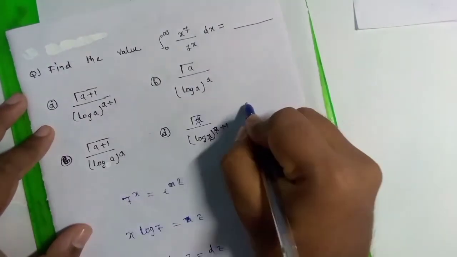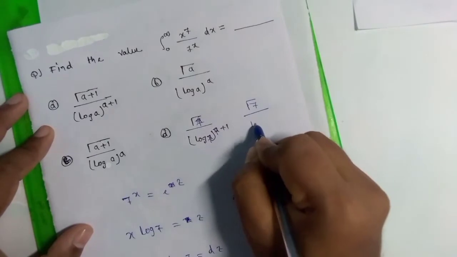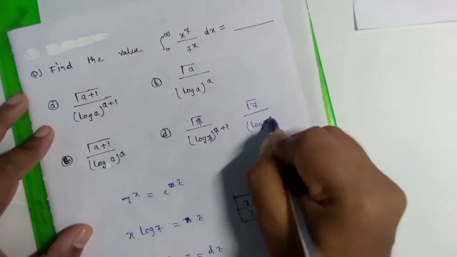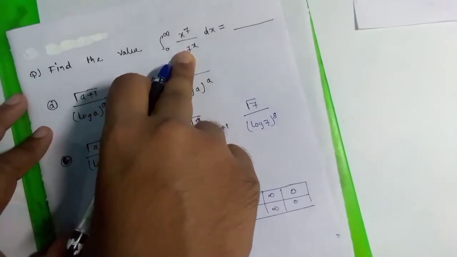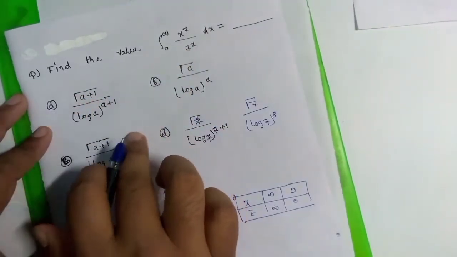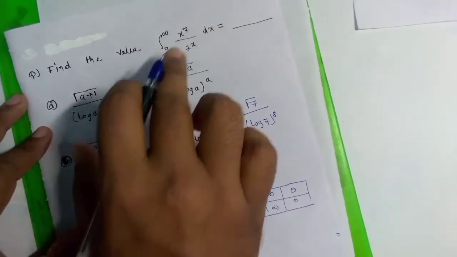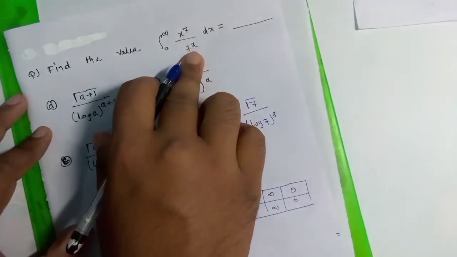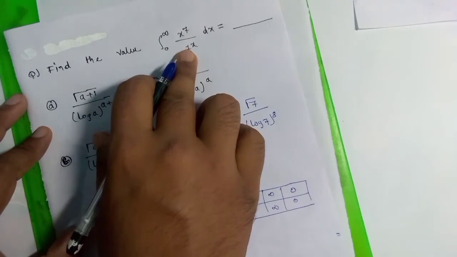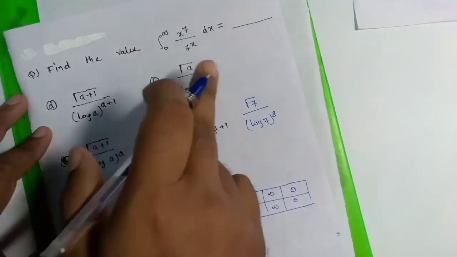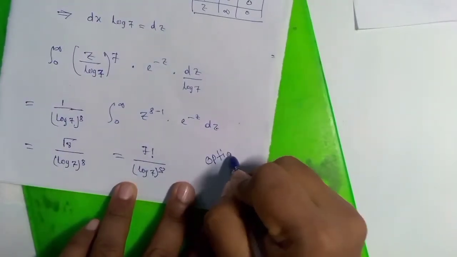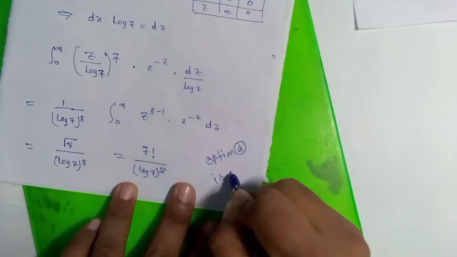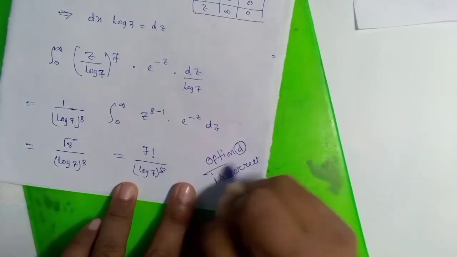Here, gamma of 7 to the power, log 7 to the power 8. If the question were a to the power x, then this option is only for a to the power x. Here the question is 7 to the power x, so here a turns to 7. So option D is correct.